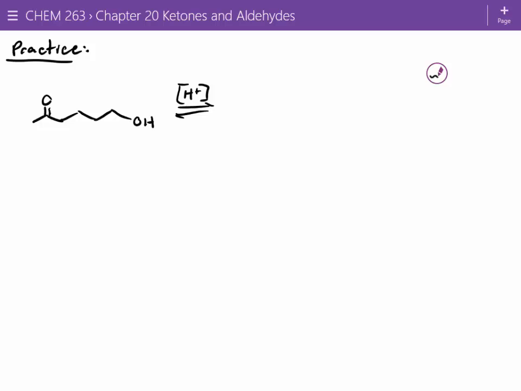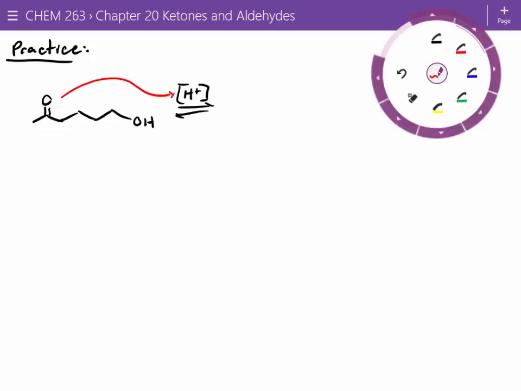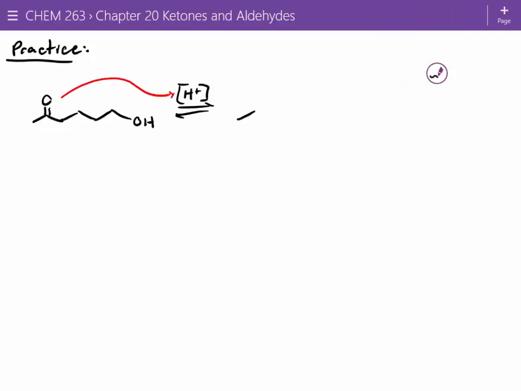All right, what's the first step? Protonate the ketone, right? Just like in the previous reaction. Okay.